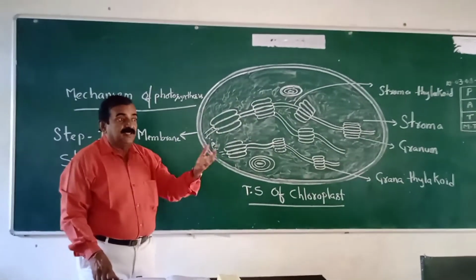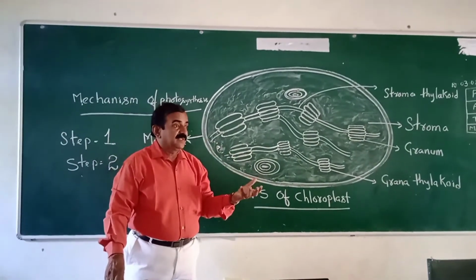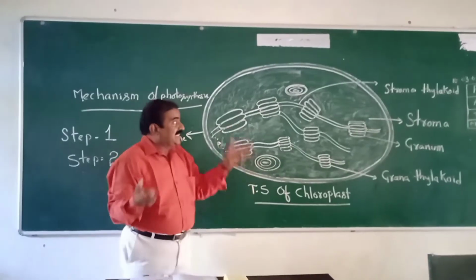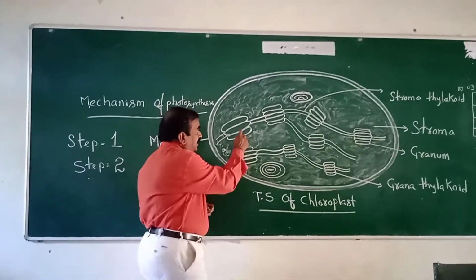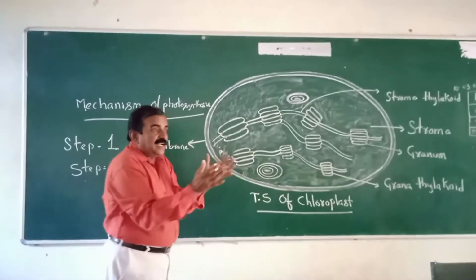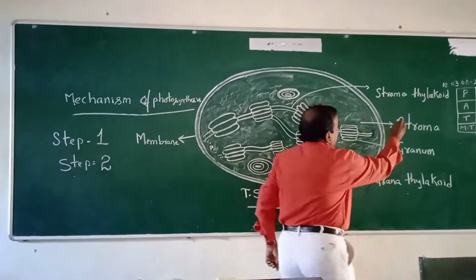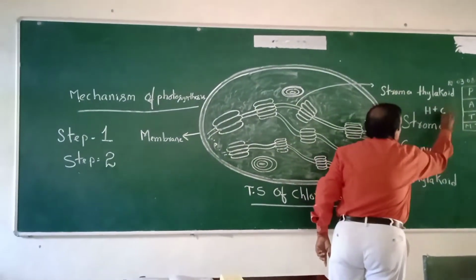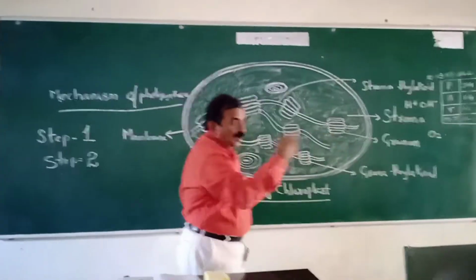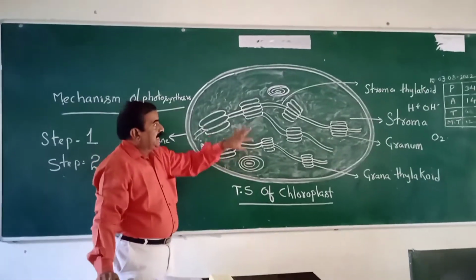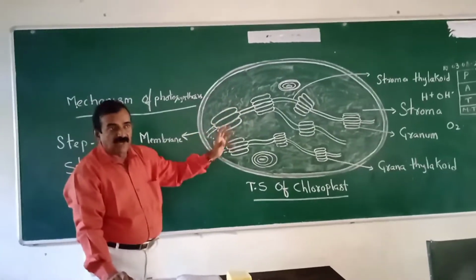When the chlorophyll molecule absorbs them, it gets activated, and that energy is useful for splitting the water molecule into H plus, OH minus and O2. O2 is oxygen. In this way, splitting of the water molecule takes place after activation of the chlorophyll molecule.